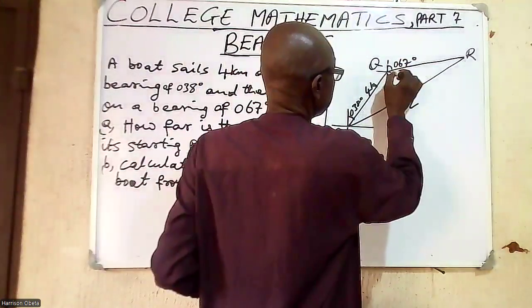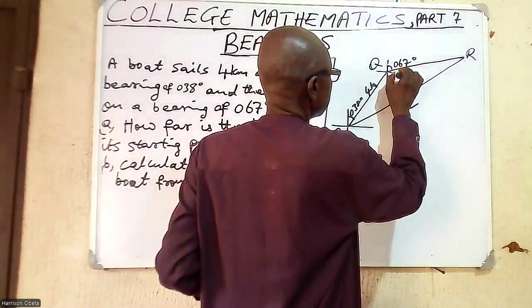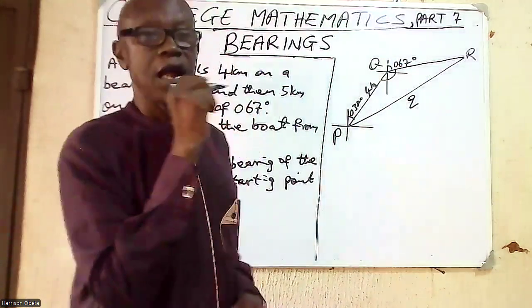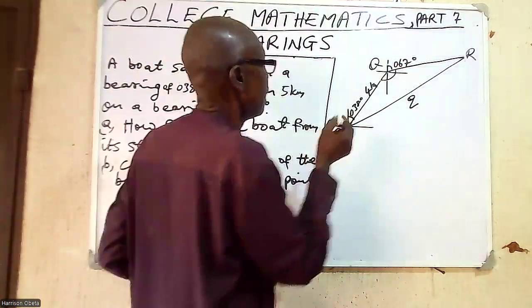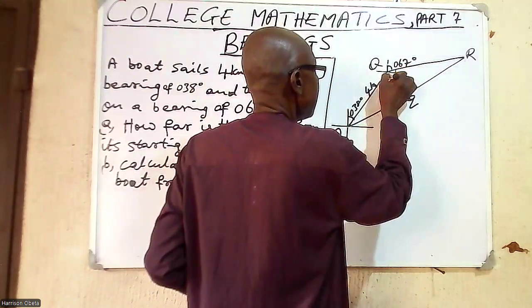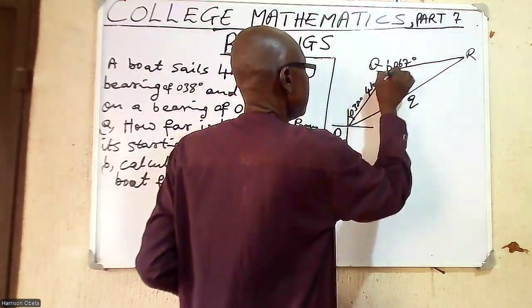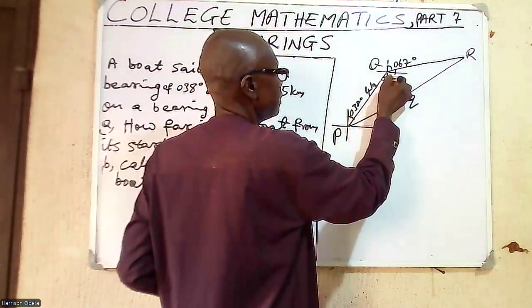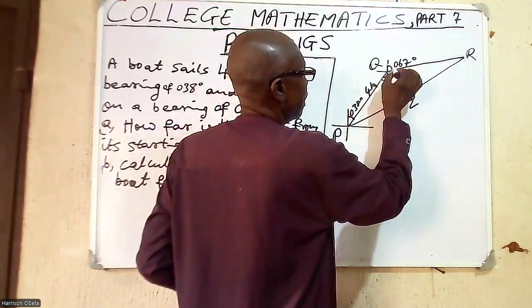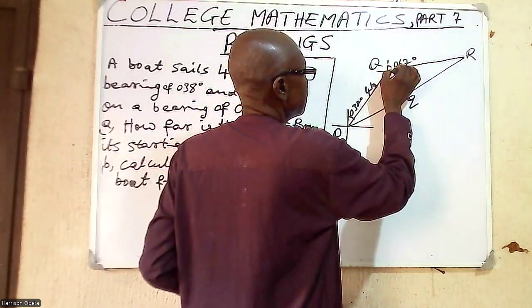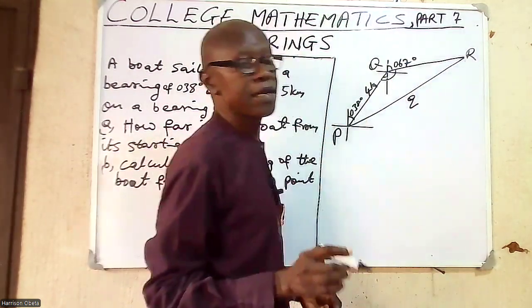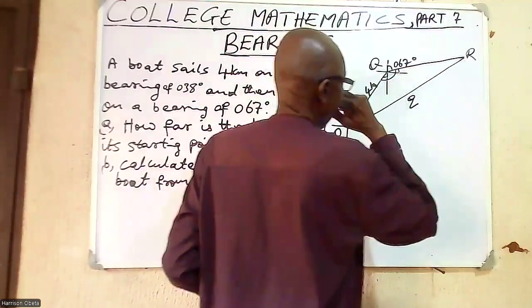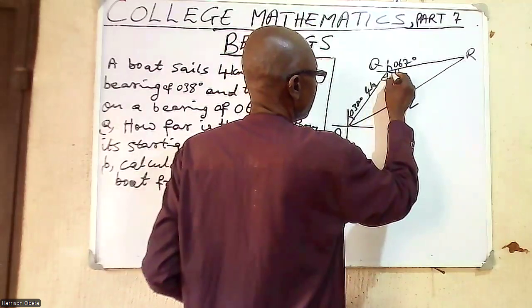Here we can calculate the whole of this angle. And the question is how? The angle here should be 38 because it's alternate to this angle. Now, this is 67, so remove 67 from 90, you have 23. And then the whole of this is 90.